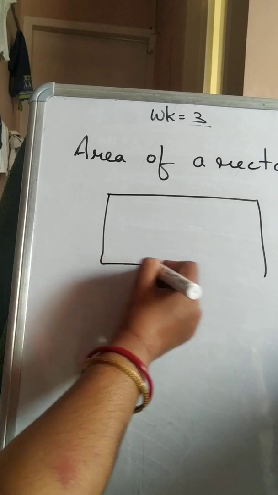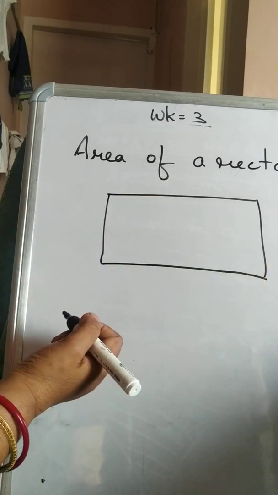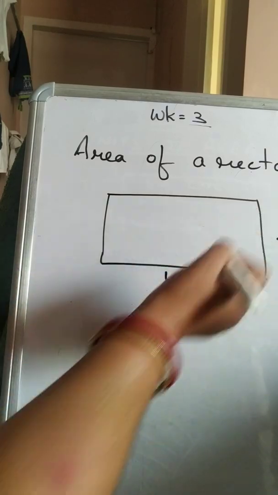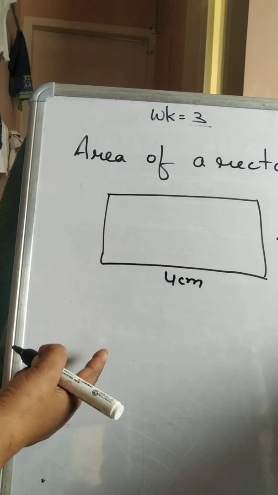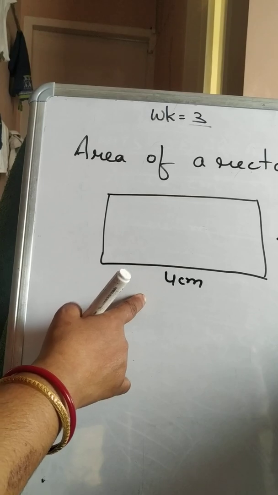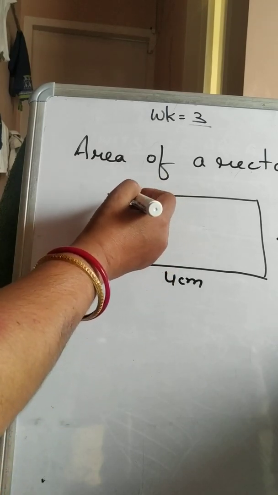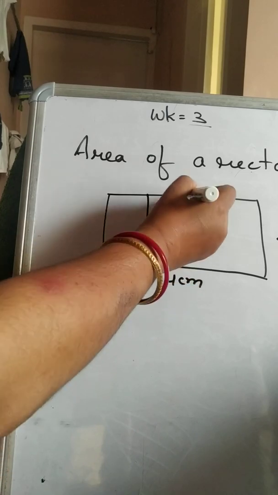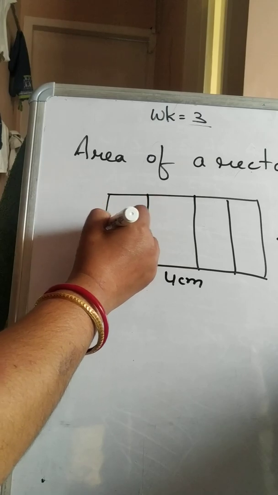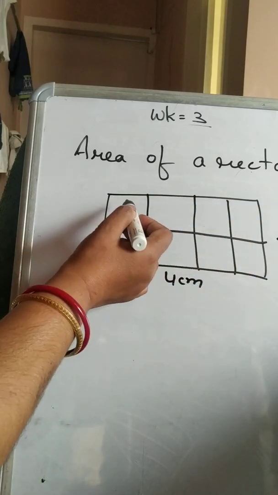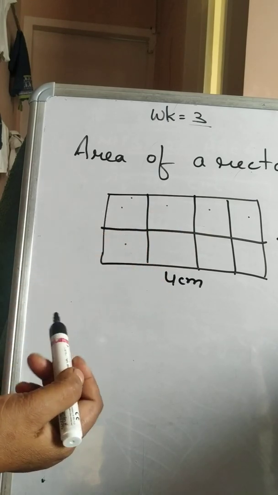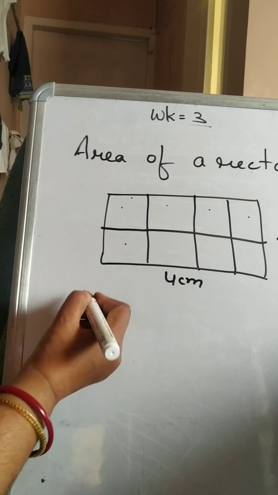Its length is 4 centimeters, breadth is 2 centimeters. Now let us divide this rectangle into squares. We divide this rectangle into 4 columns, and each column has 2 squares. How many columns? 1, 2, 3, 4. How many squares does each column have? 2.